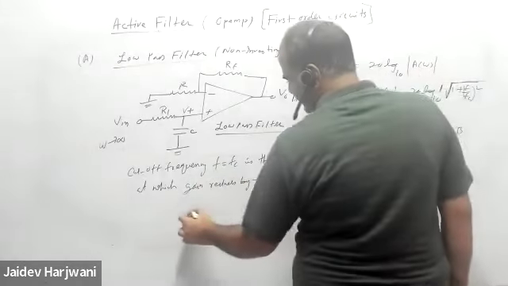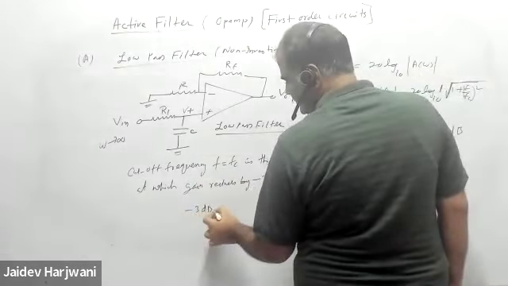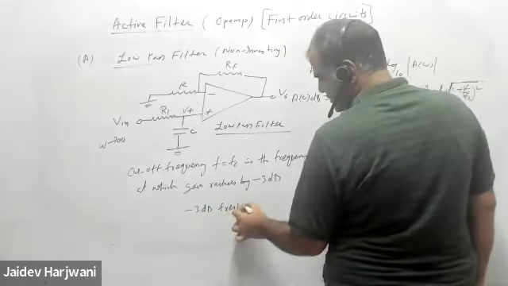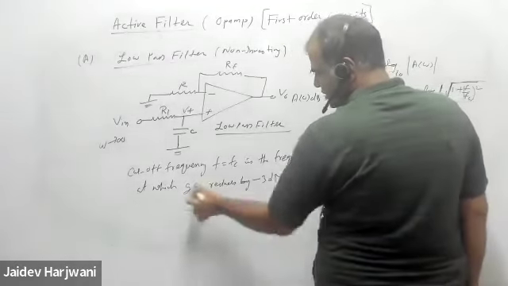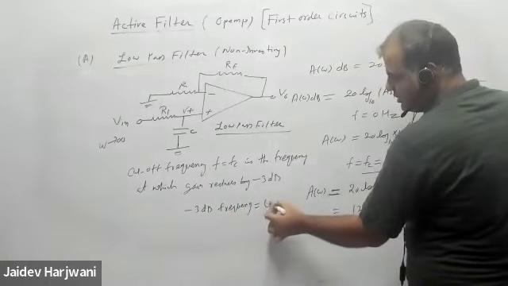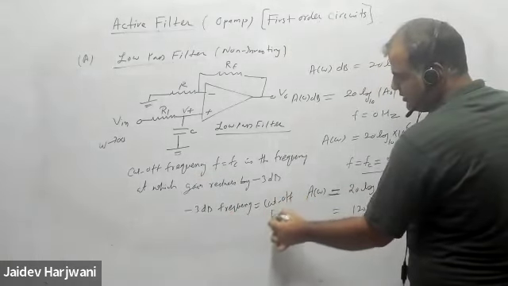So the minus 3 dB frequency is called the cutoff frequency. Here a loss of 3 dB is happening, which is called your cutoff frequency.